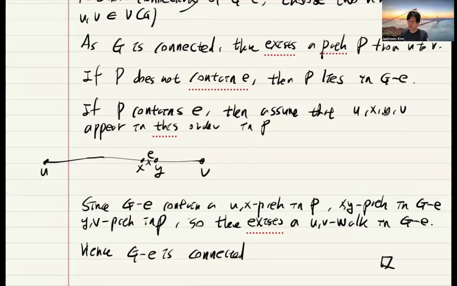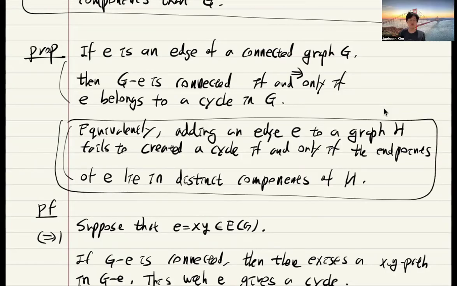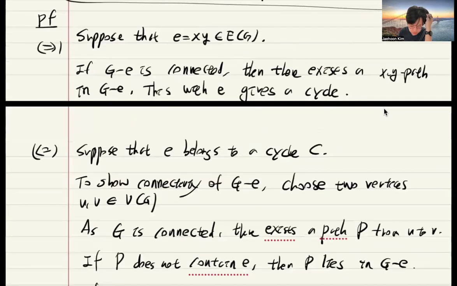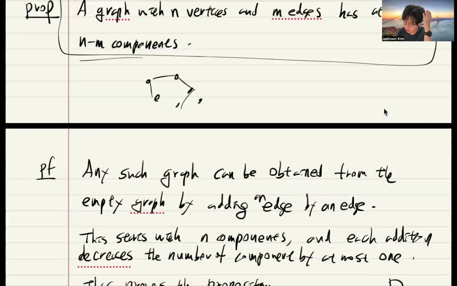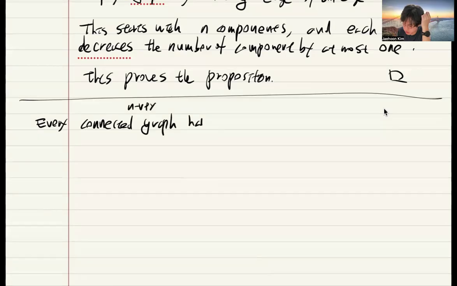So this proposition is a good tool to study these minimally connected graphs. And you will see this soon. So what this proposition says is that every connected graph, which has one component, a connected n vertex graph, has at least n minus one edges.